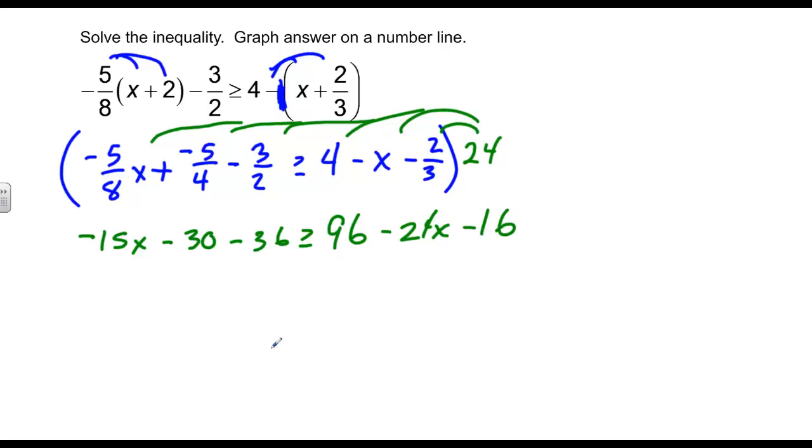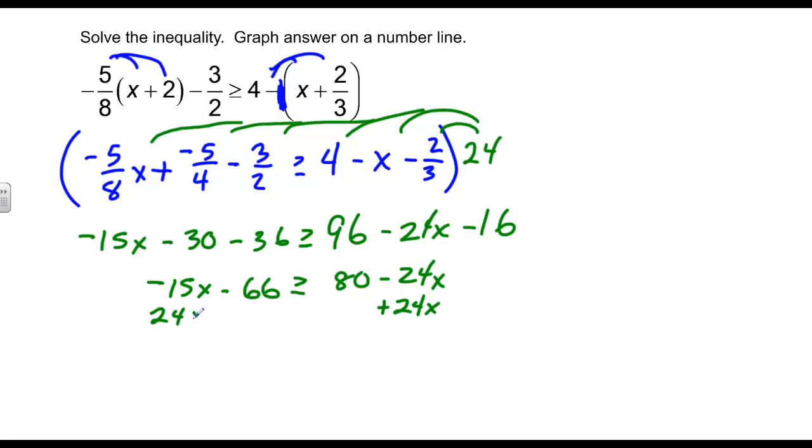So now I'm going to combine my like terms on each side of the equation. This is -15x minus 66 greater than or equal to, that's 80 minus 24x. Again, my preference is to keep my x terms positive before I divide.